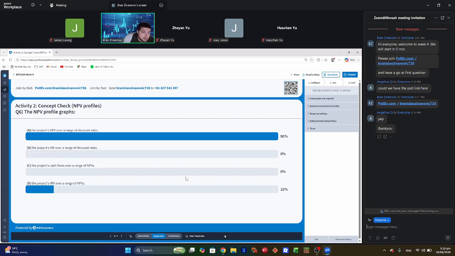Yep, we've got the NPV and we've got a range of discount rates. So you'll find that on the x-axis, we'll plot the discount rates, and on the y-axis, we'll plot the net present value. So in one of the questions again today, we're going to look at how we plot those. We take the difference in the cash flows between two projects, and then we take the internal rate of return of the difference.